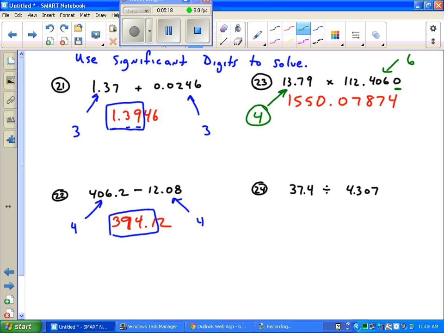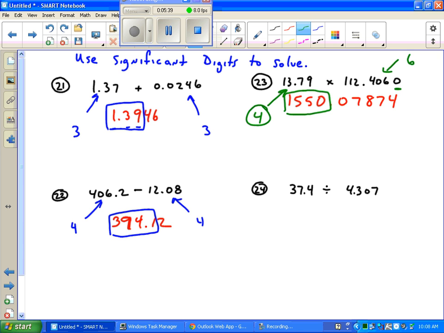Again, you always pick the one that has the smaller amount out of the two to see how many numbers you have in your answer. So our answer has to have the first 4 numbers, 1, 5, 5, 0. That 0 is significant for the reason that it is between two numbers that are not zero. So that would be your number, 1550.